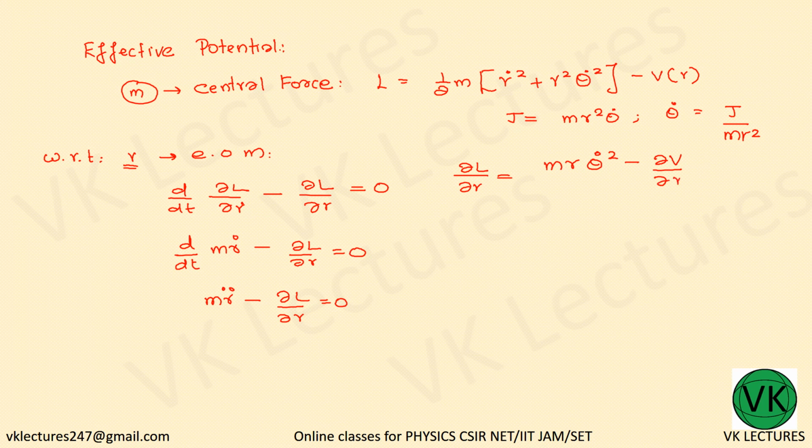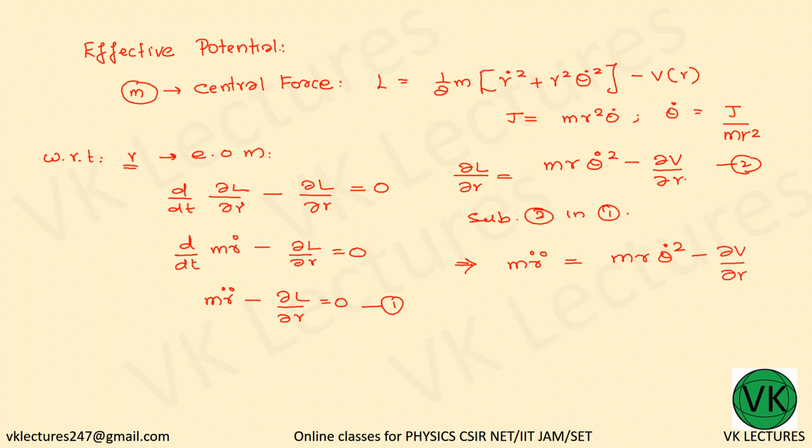So substituting this, equation 2, in equation 1, we have m r double dot equal to dou L by dou r. And what is dou L by dou r? That is equal to m r theta dot squared minus dou V by dou r.